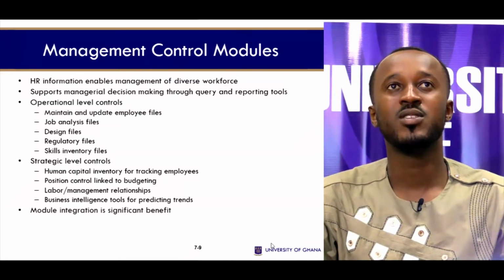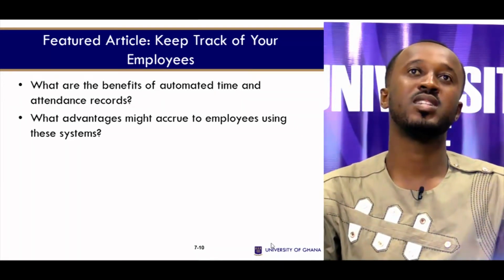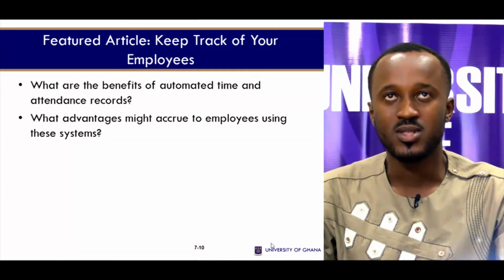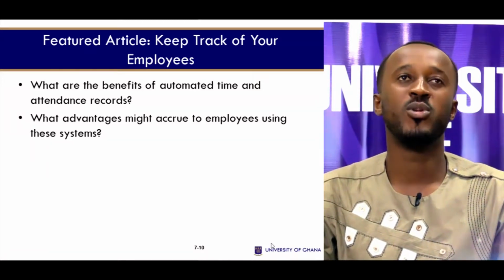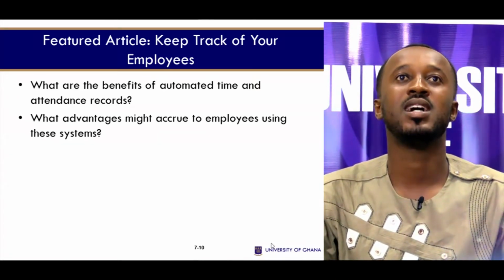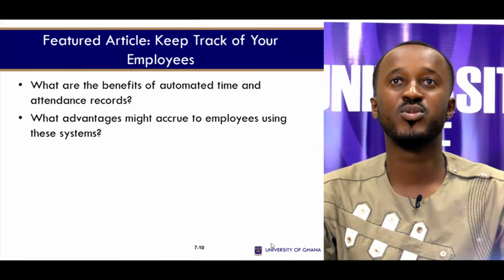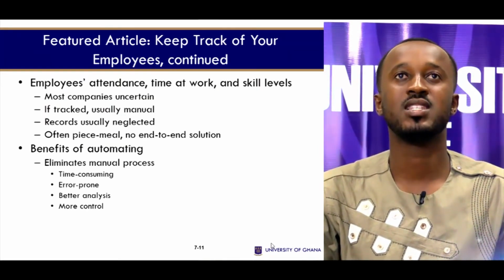In discussing management control models, we'll look at another featured article in the recommended text which talks about keeping track of your employees. We'll see what the benefits of automated time and attendance records are. We'll look at what advantages might accrue to employees using these subsystems.